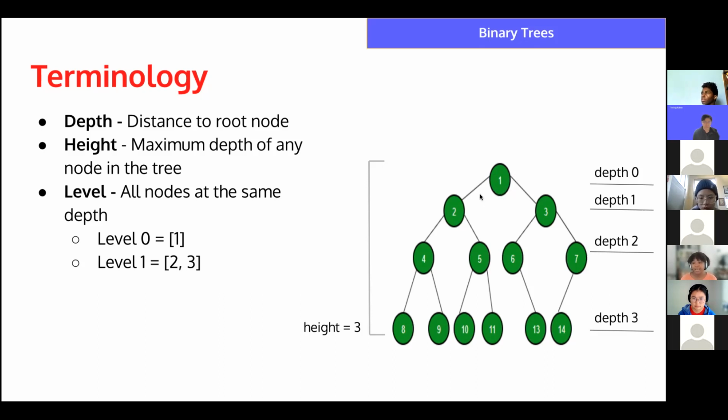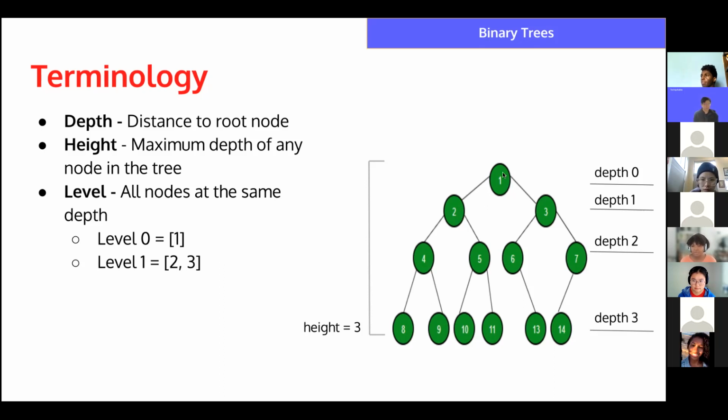So here we're at depth 0, 1, 2, 3. So the leaf nodes have a height of 0. This is a height of 1, a height of 2, a height of 3. Hopefully you can see my cursor, correct? Okay, very good question so far though.